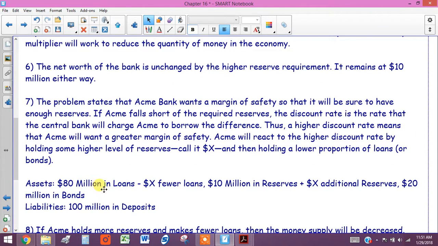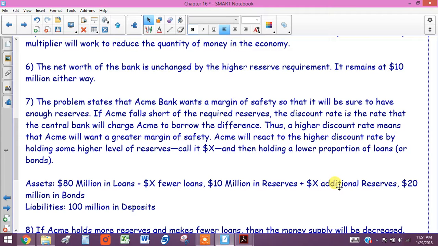They're going to hold 80 million in loans minus some X amount fewer in loans. They're going to keep their 10 million in reserves plus some X amount, whatever they hold fewer in loans, this dollar amount X they're going to add to their reserves.